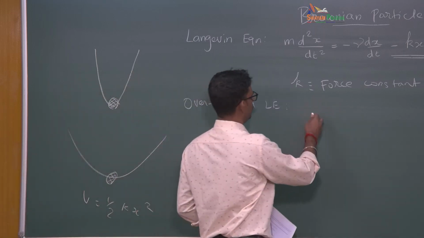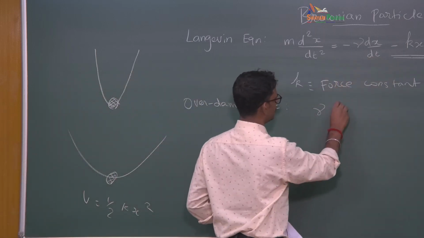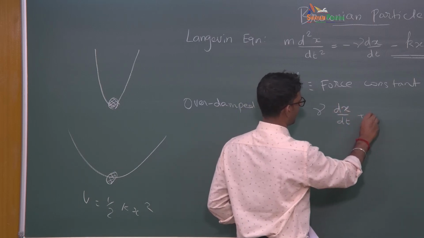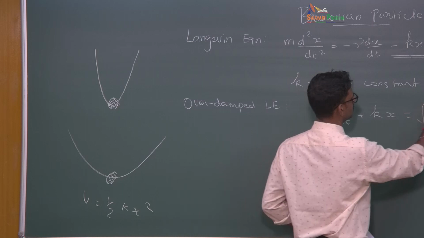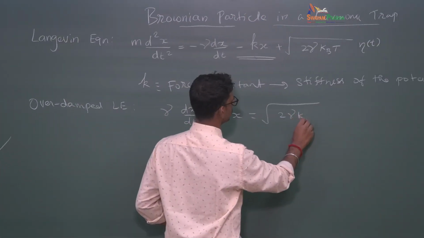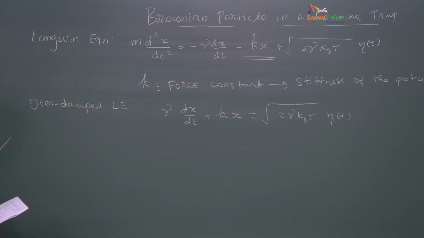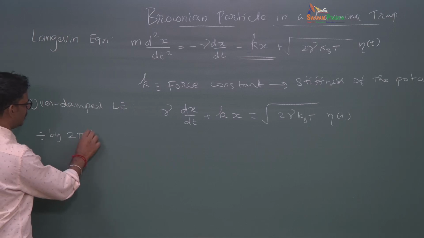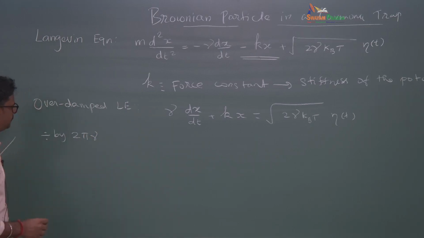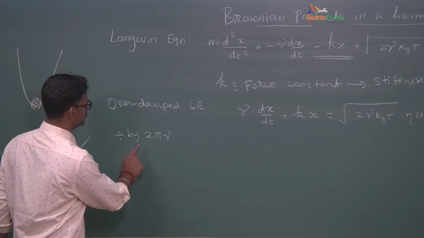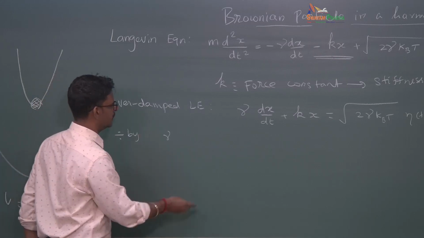We bring these two terms to this side, and then divide this equation by 2 pi gamma, just divide this by gamma.